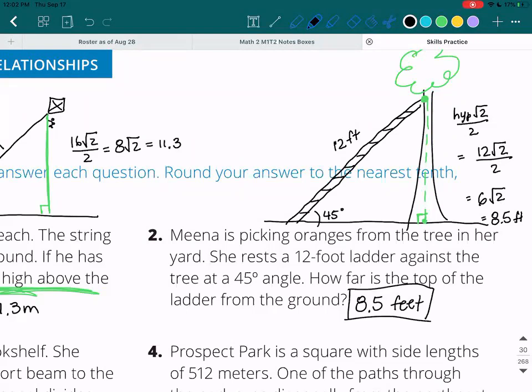Do you guys have any questions on that one? Whenever you have word problems, make sure you are drawing pictures, okay? All right, let's keep going.